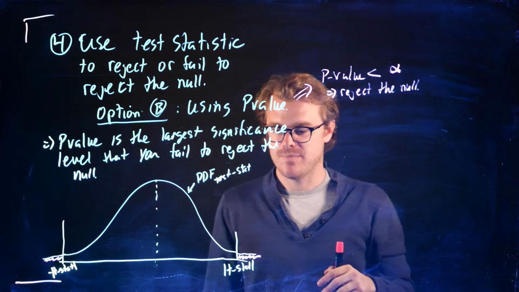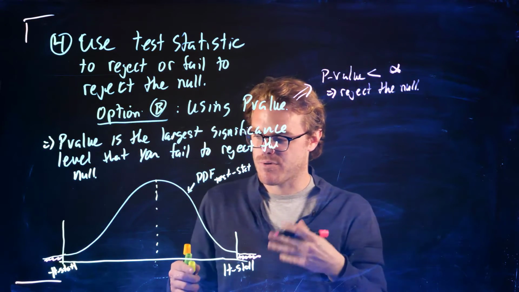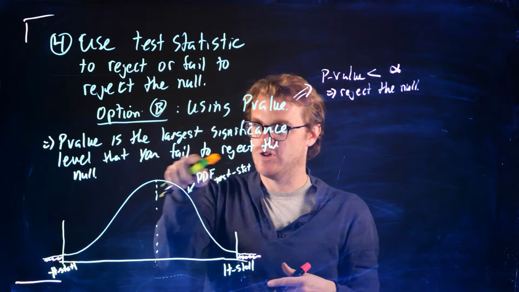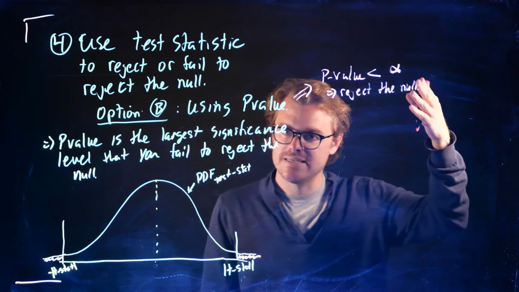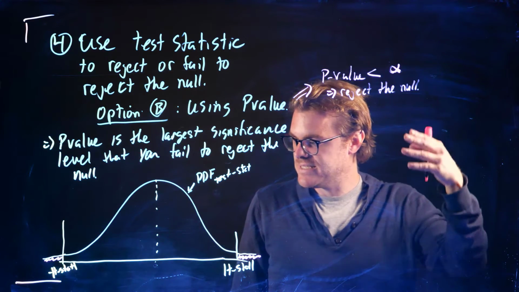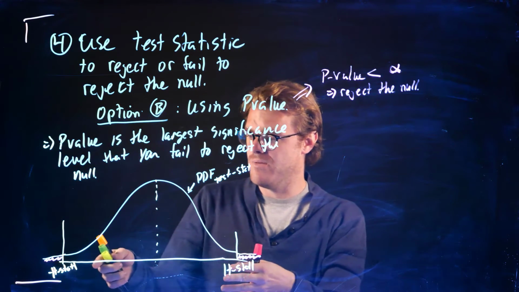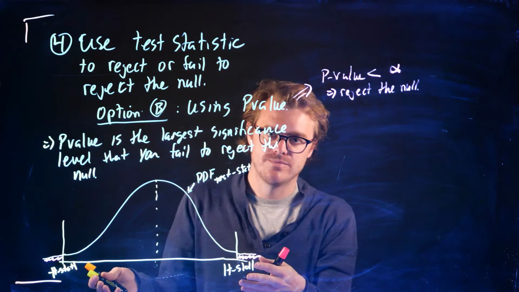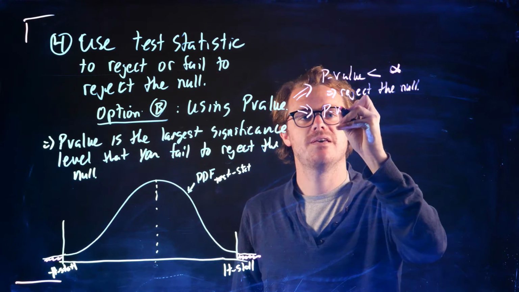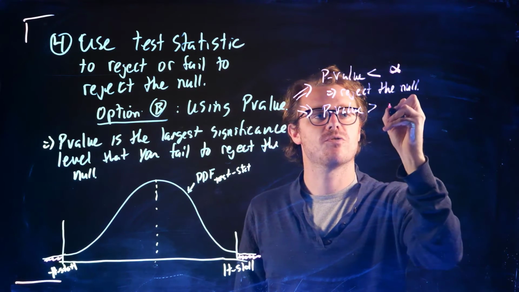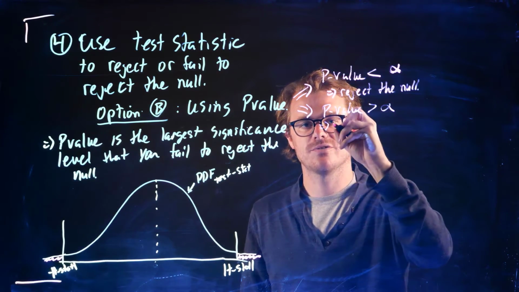Right? So if the p-value, the largest significance level at which we fail to reject the null, is less than the alpha that we're testing against, we're going to reject the null. If the p-value is greater than alpha, we're going to fail to reject the null.